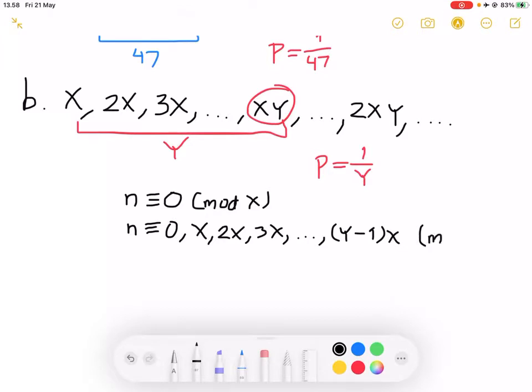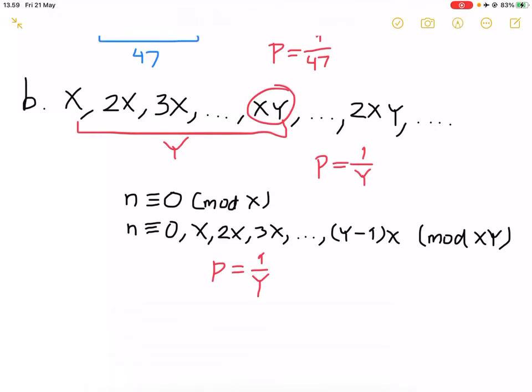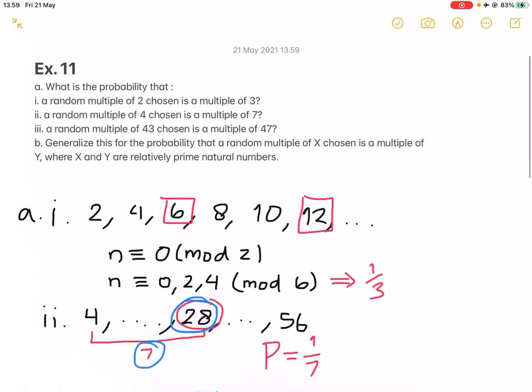So this repeats in a cyclic pattern, and this is why we can use this technique. So here, since 0 is our wanted value, our probability will be, once again, 1 over y, as there are y possible values for n mod xy. And with this ends this video.